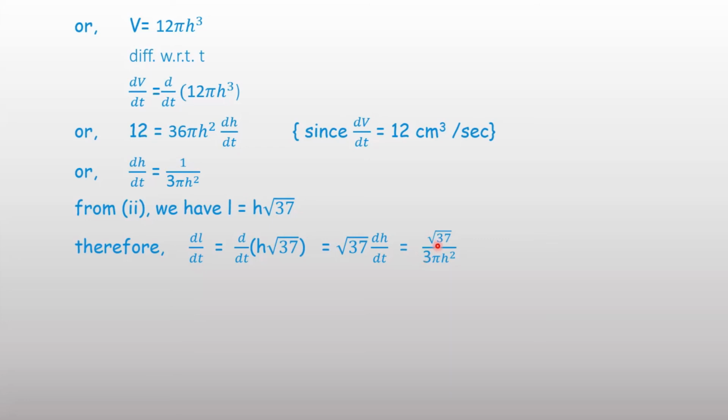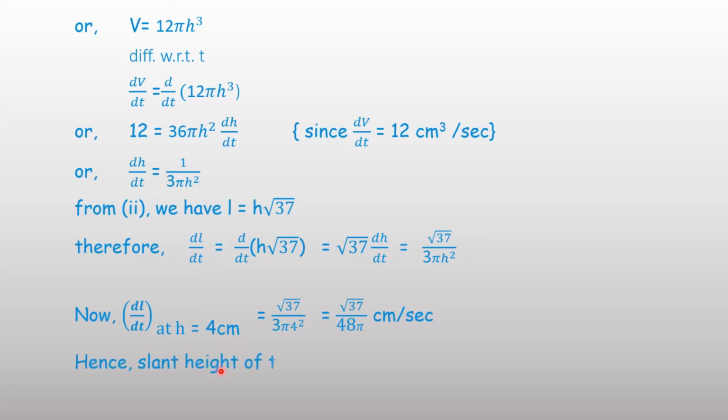Put here root 37 upon 3 pi h square. Value of dl by dt you are getting as root 37 upon 3 pi h square. Therefore, dl by dt at h equal to 4, put in place of h as 4, root 37 upon 3 pi into 4 square equals root 37 upon 48 pi centimeter per second. In this process we can solve this question.